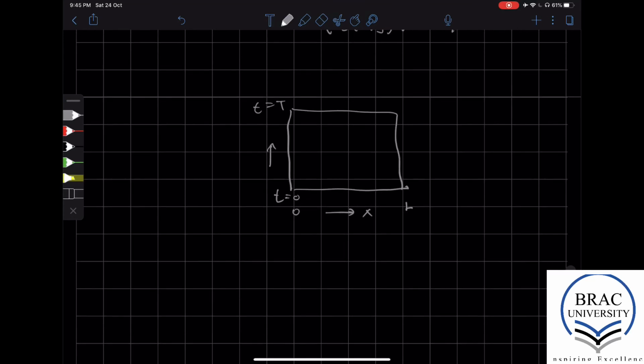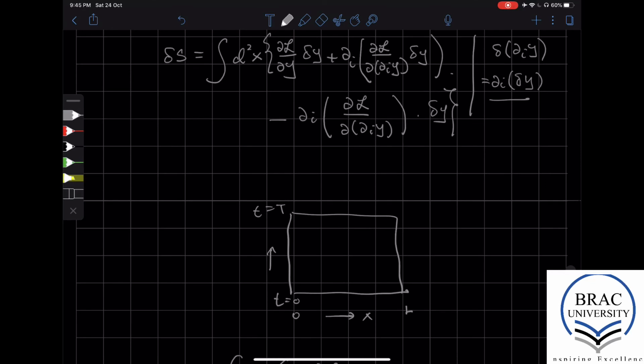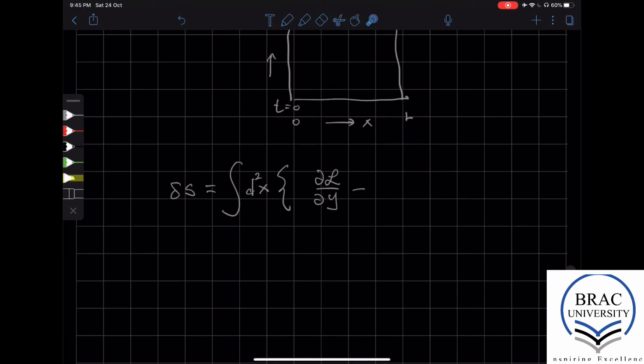So as a result, we are left with delta S equal to the integral of d squared x, and then in the bracket we have delta L by delta y minus, looking at this term now, we can put a bracket here, then there's a derivative with respect to x_i, and then we have delta L by delta del I of y, and then this bracket closes, and then we have multiplying the whole thing delta y.